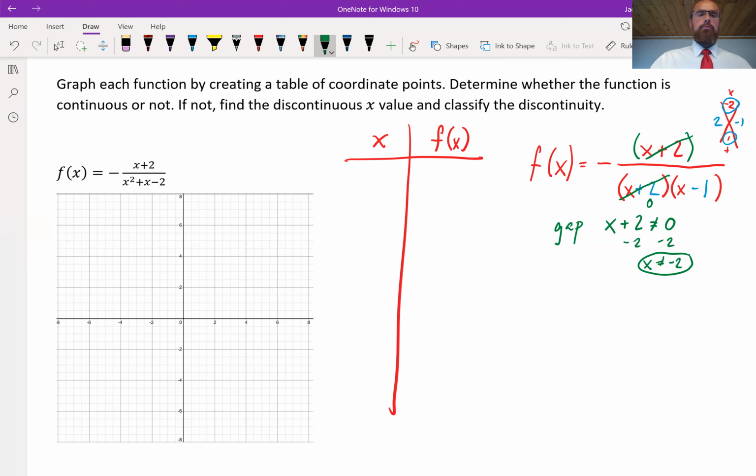Now I'm going to graph something here that is from the reduced form of this rational function after we canceled out that x plus 2 term. So we're going to just leave 1 in the numerator over x minus 1. So I'm going to create my t-chart based on that simplified function. So let's take -2 through 2.